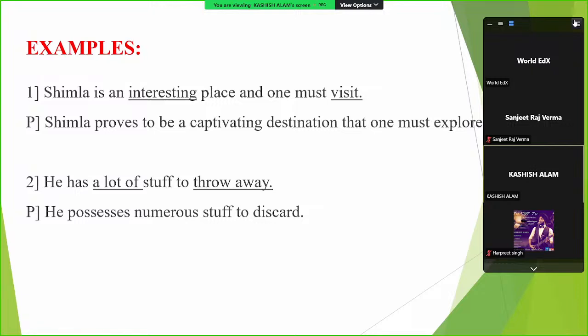The proof is the first question statement: "Shimla is an interesting place and one must visit." If you look at the number of words, it has definitely increased, but it's not changing the meaning of the original statement. It's completely fine, but make sure that your meaning is not altered at all. That's the major concept of paraphrasing. Moving ahead, I hope that answers the question.